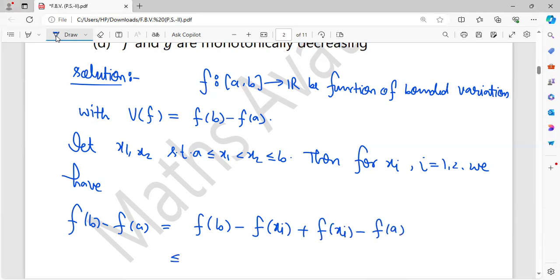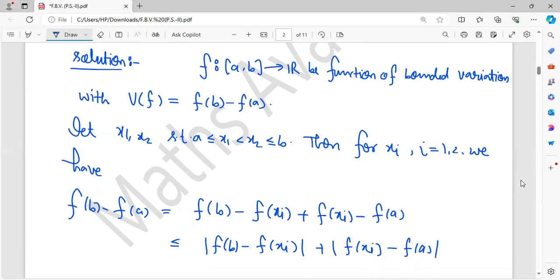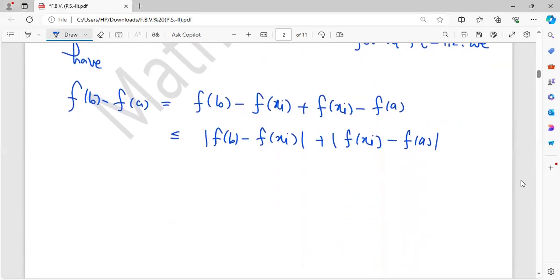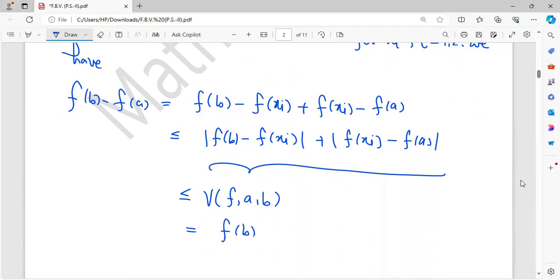Now a, x_i and b are a partition, so this will be less than or equal to the variation of f on [a,b]. But this is given as nothing but f(b) minus f(a).